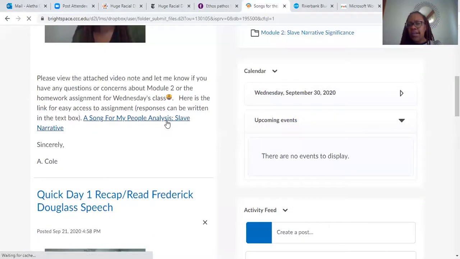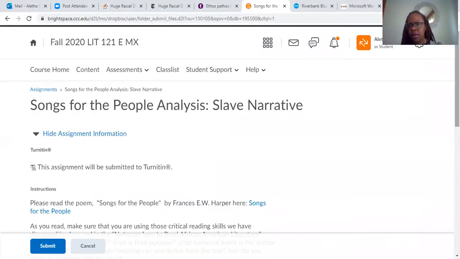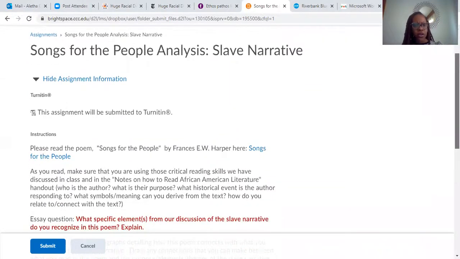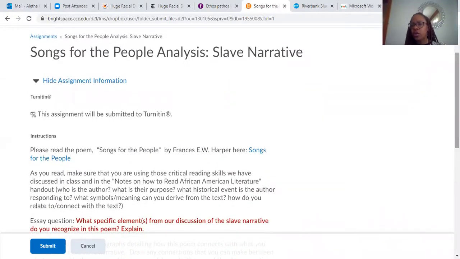I think students were asked to respond in 1 to 2 paragraphs. I think that was the parameter that I gave. And students were asked to read according to the critical reading skills we've discussed in class, according to the habits covered in the handout, notes on how to read African American literature. But I also wanted you guys to look at specific questions.